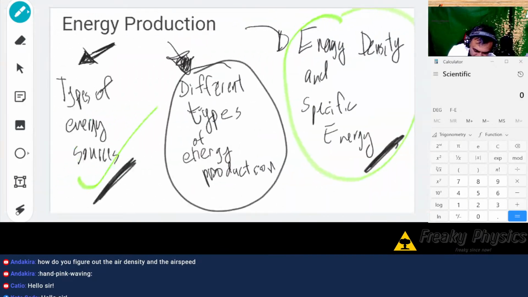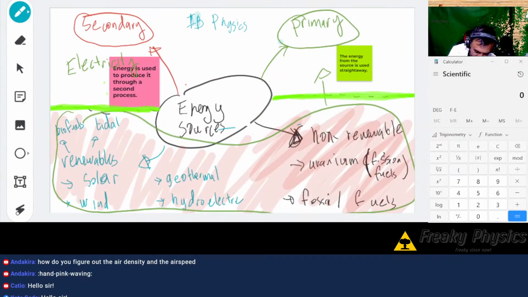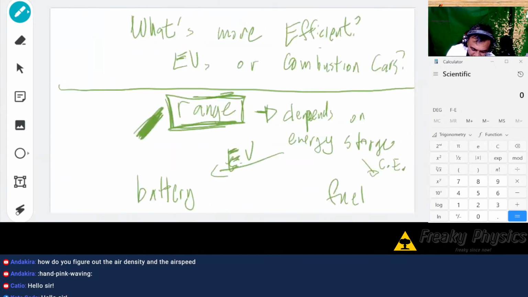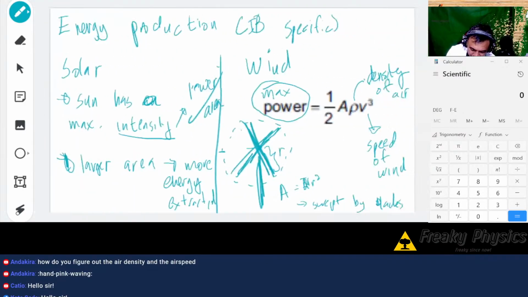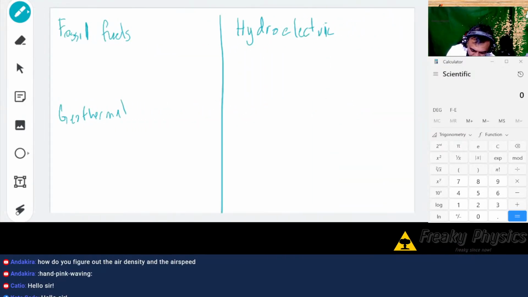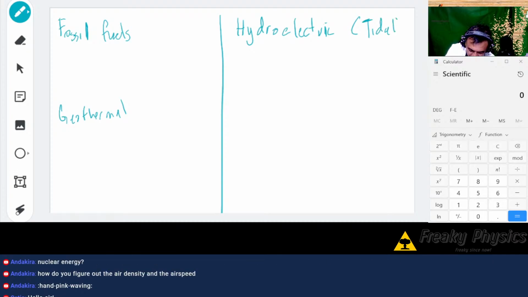Let's just go back to this. We did solar, wind, geothermal, hydroelectric, biofuels, and tidal. Tidal would be considered here. Of course, fossil fuels, this also would normally include nuclear and biofuels.